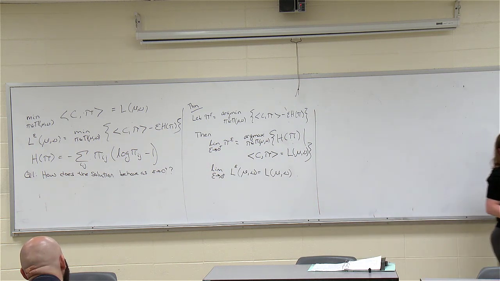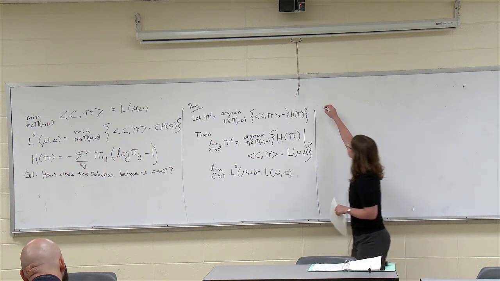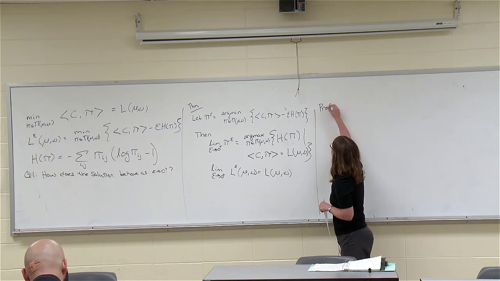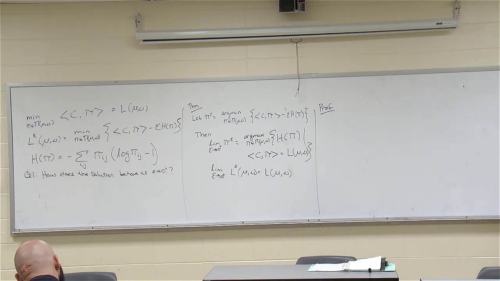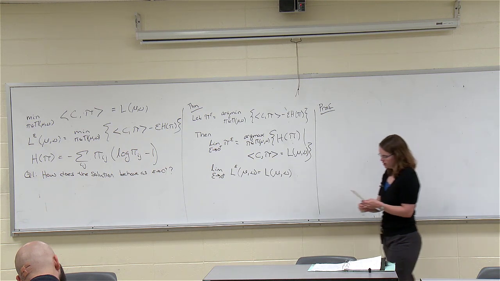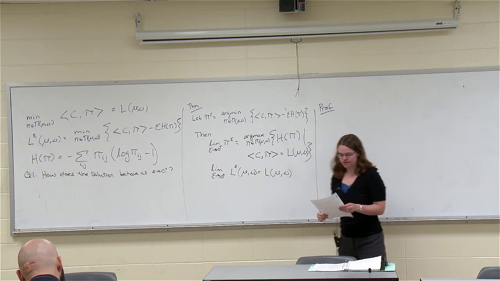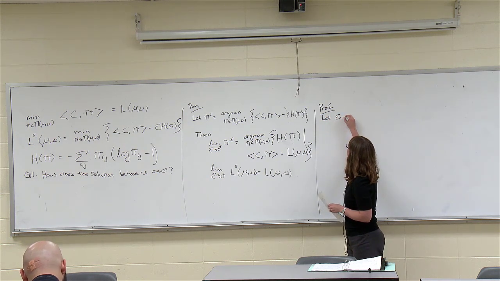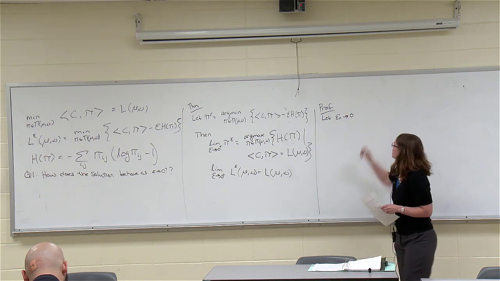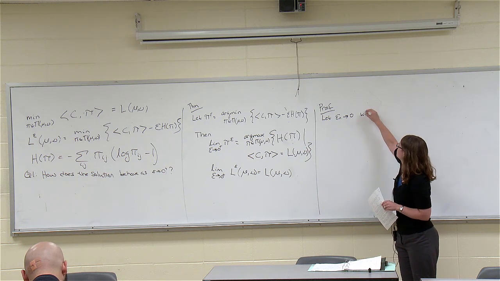Okay, so let's see if we can argue that this is really the case. I'm going to start with a sequence of epsilons going to 0, and try to see if we can get some convergence in this sequence. So let's choose some epsilons that go to 0. Obviously, we want positive epsilons.